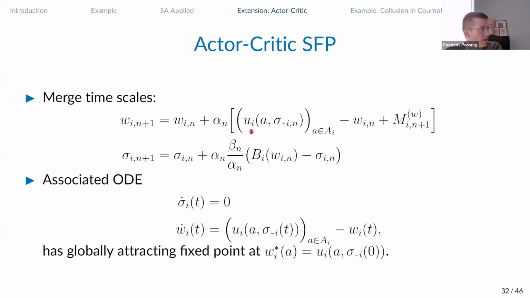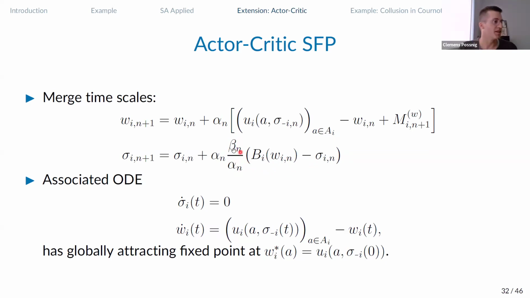So if we again look at our system and merge the timescales into the timescale of the critic, so we get this alpha_n for the critic, which is always there. Here we multiply and divide by alpha_n. Then the right-hand side of this ODE here is 0 in the limit, because the right-hand side here is bounded and this converges to 0.